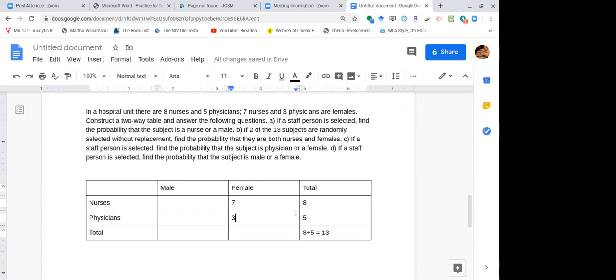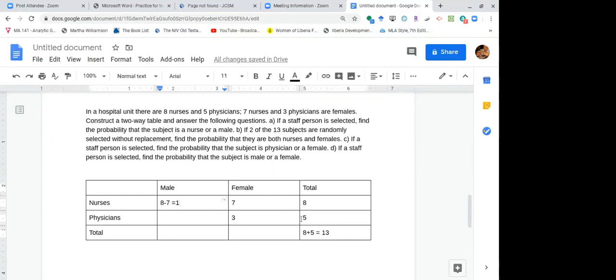Yes. Okay, now, how do you get the males? Well, remember, you add these 2 numbers going across to get this total of 8. So to get the male, you do 8 minus 7 to get 1, because 1 plus 7 should be 8. So you're kind of doing this backwards, okay? And then same thing here.